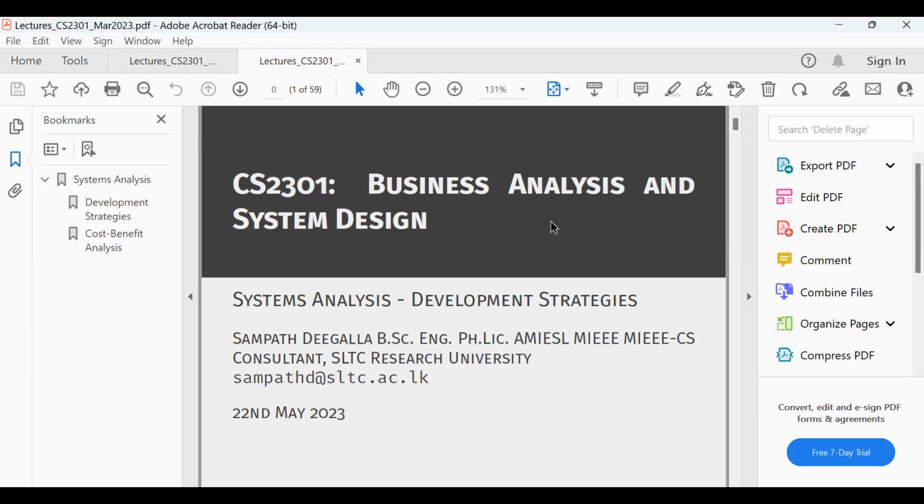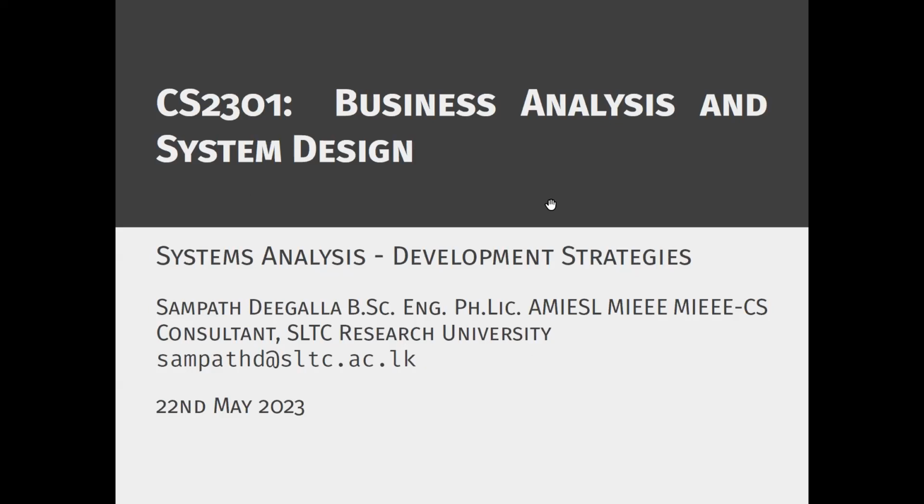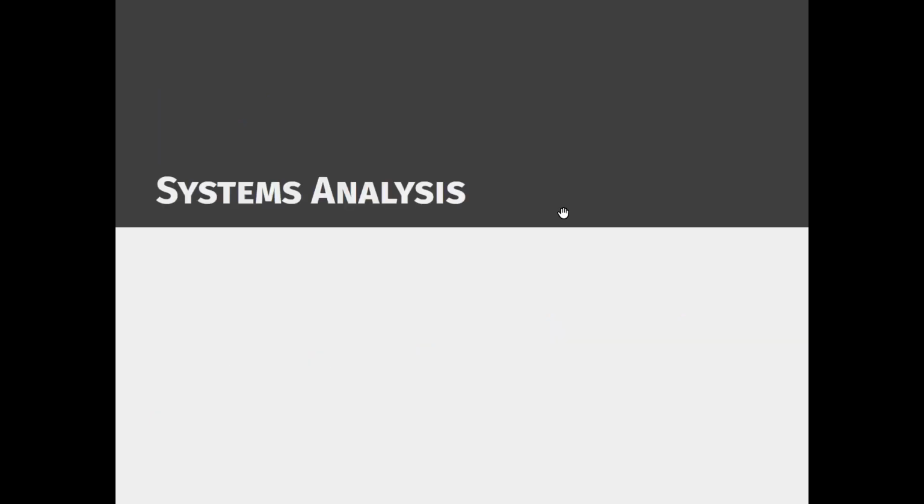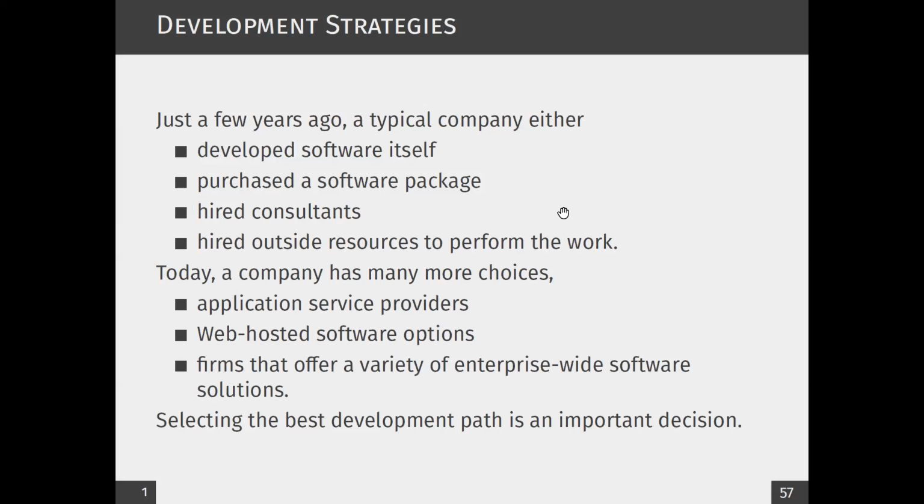The next step comes under system analysis, and we look at different development strategies, which we have already briefly discussed in the very first session, but we'll discuss in more detail. The idea of development strategies is, once you have the design ready, the next step is to find how exactly you are going to develop the system. So we are going to briefly discuss how we are going to do this.